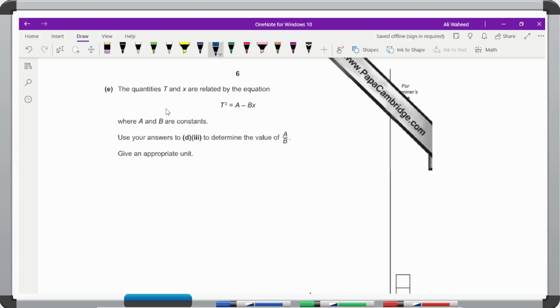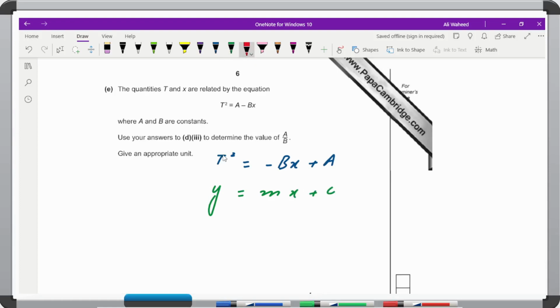So for example, in this one, we need to determine the value of a over b. So what you do is you write down the same equation. I can write the same equation like this. Okay, I'm going to write this last term first, minus bx. Why? So that I can compare it with the equation of straight line, y equals mx plus c.